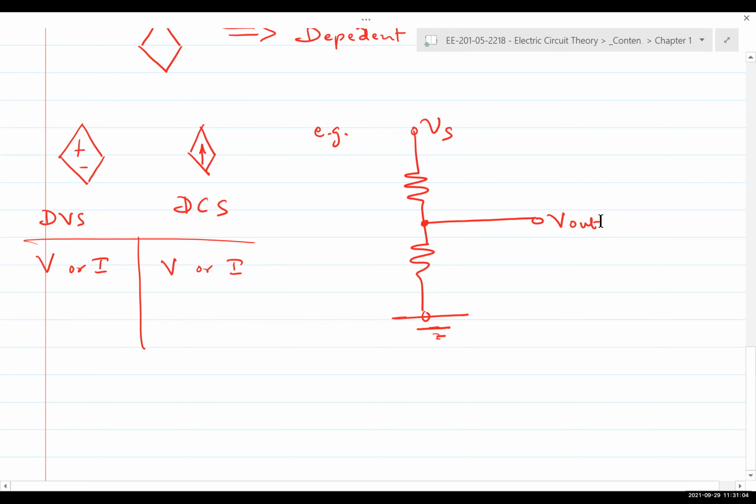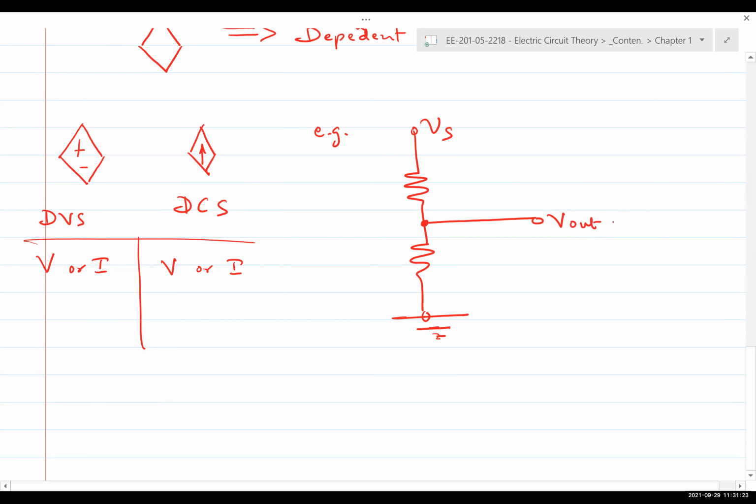Now, depending on what the designers choose, again, voltage divider is something that we'll look at, but depending on the values of these resistances, V out will be a fraction of Vs. That fraction could be anything, depending on the values of the resistances.